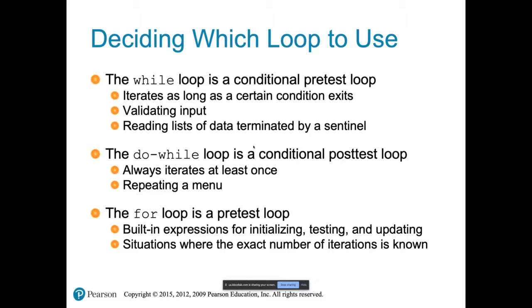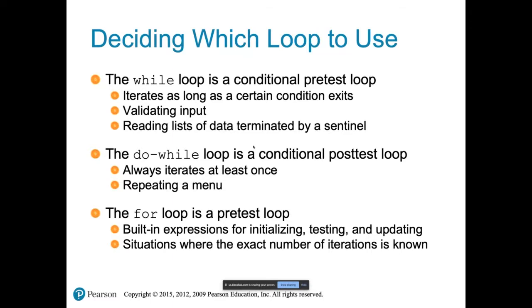The do while loop is the only post-test loop that we have. It executes at least once. It's good for menu-driven programs. It can also be used for data validation as well, because if you're reading in, let's say, tickets, you're going to always prompt them at least once for the values.